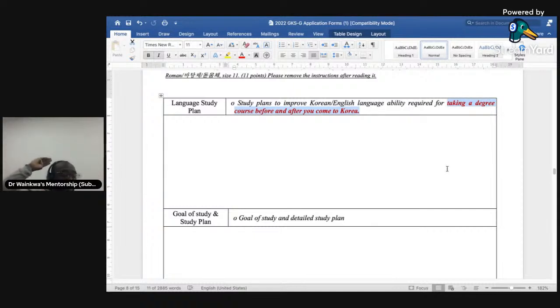it was expecting her to have a higher Korean language score, because there is what we call the Test of Korean Ability, which is called TOPIK.